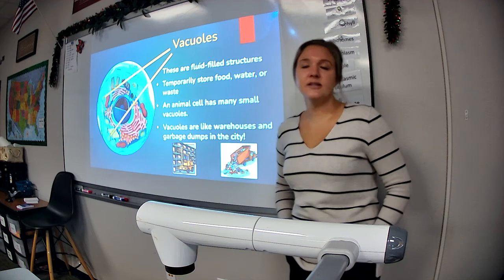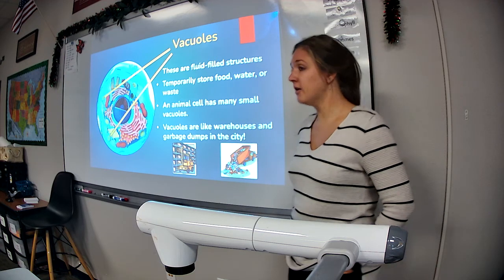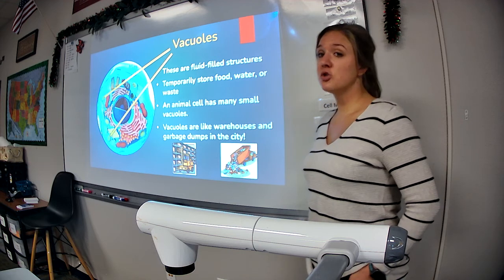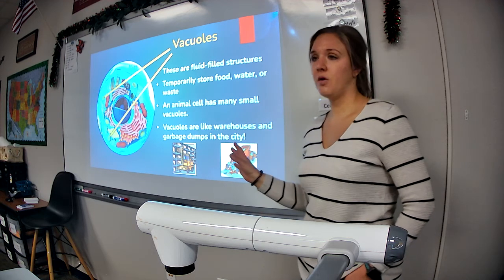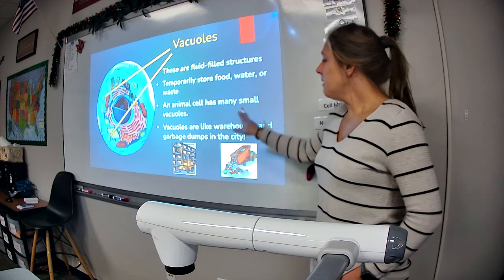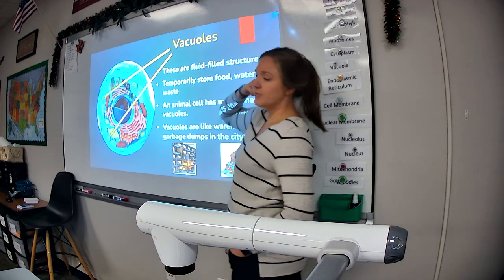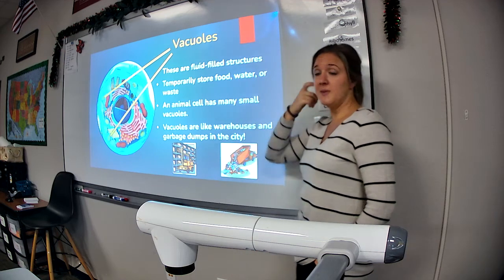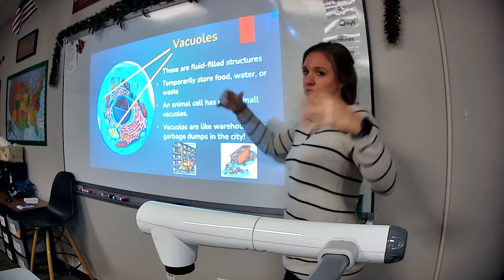If the cell has too much food or water, it can store it in the vacuoles to use later. Or if there's too much trash, it can store that in the vacuoles until it can get rid of it. An animal cell, like I said, has many small vacuoles. The reason I have that on here is because in a plant cell, there's only one big vacuole, which we'll get to tomorrow.